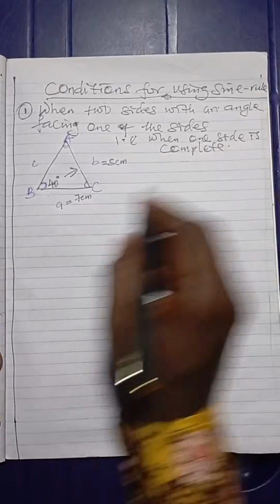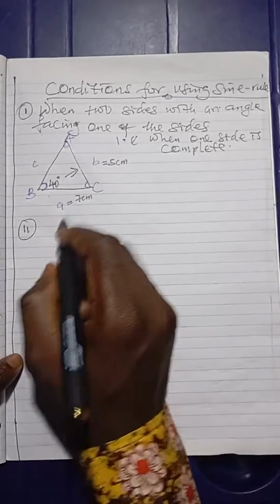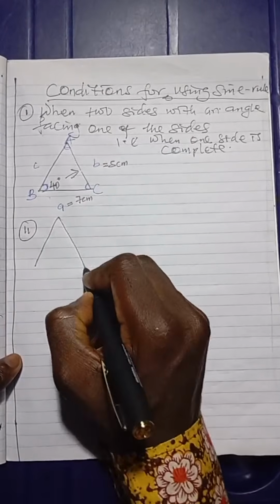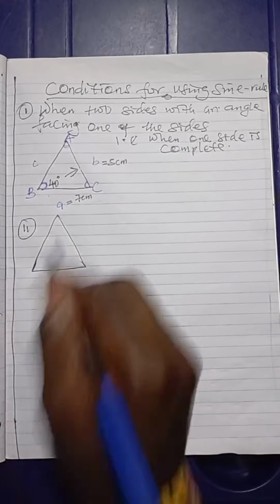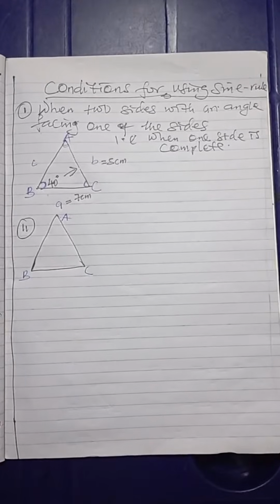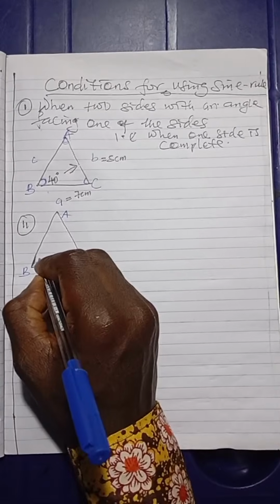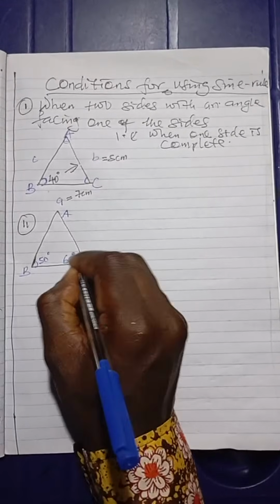Now, second method or second condition, we have something like this. Let's say this is A, this is B, this is C. Okay, we now have two angles. This is 50 degrees, this is 60 degrees.